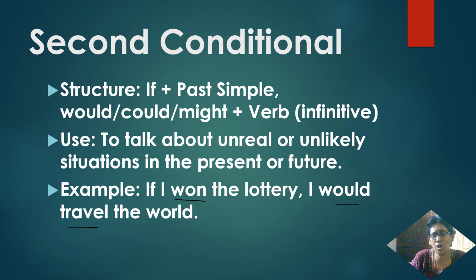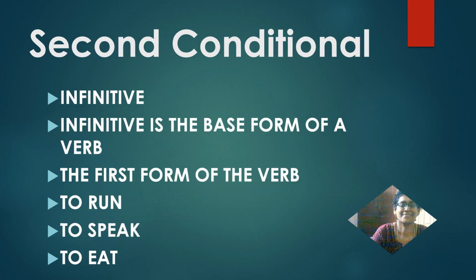It is the base form of the verb. We have travel. So it follows the structure. We have the tenses all in proper order, and again the sentence is an unreal or unlikely situation in the present or future. So this is our second conditional.